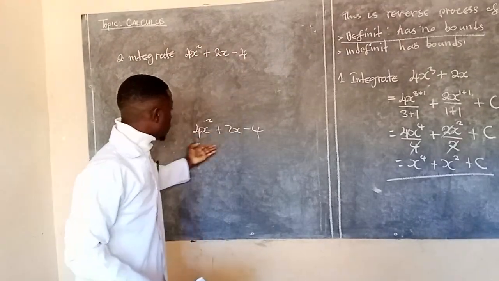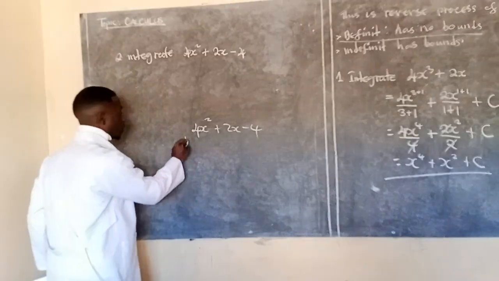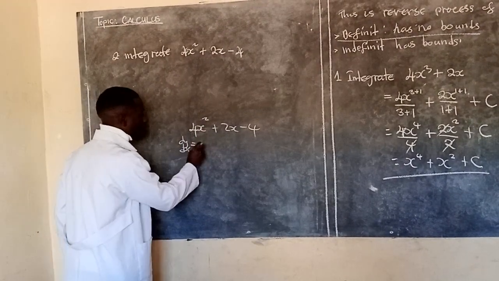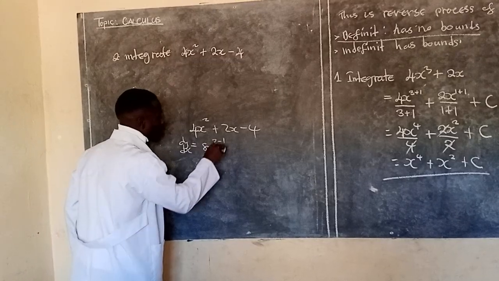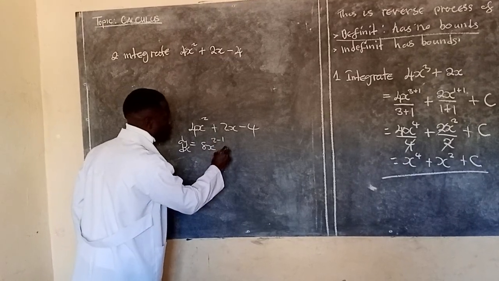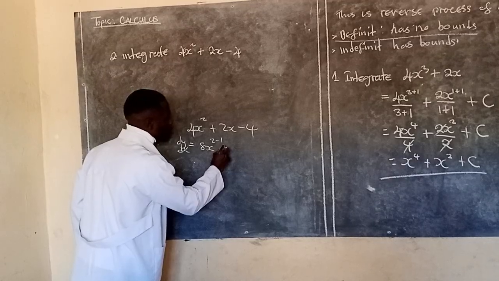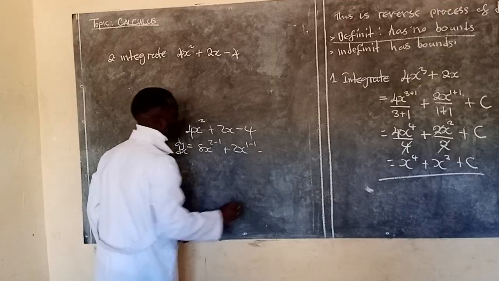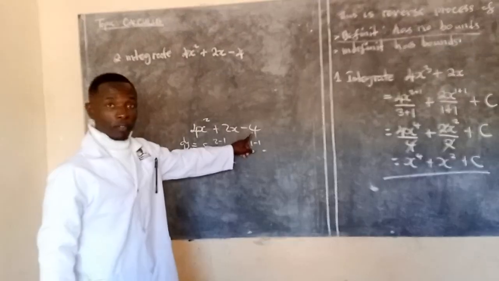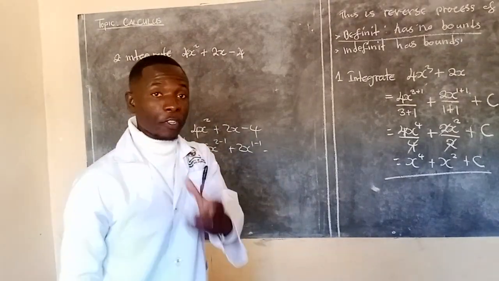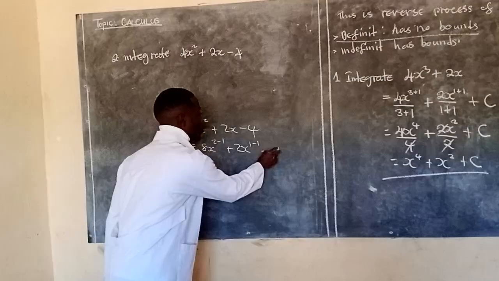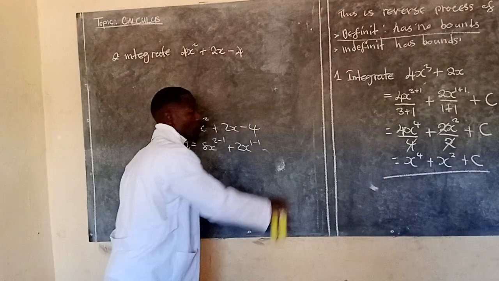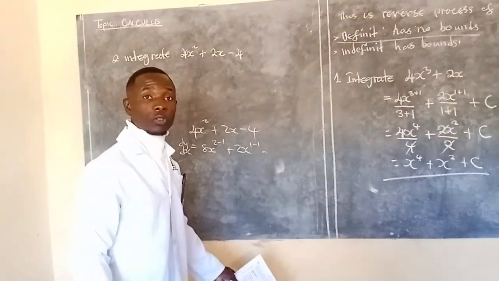In terms of differential, dy over dx will give us, we multiply, 8x to the power 2 minus 1, plus 2x to the power 1 minus 1, minus, now look at this. You've seen this value is not a coefficient of x, therefore it is considered to be 0, or you can't calculate it, you can't put it on the equation, then you continue solving like that.